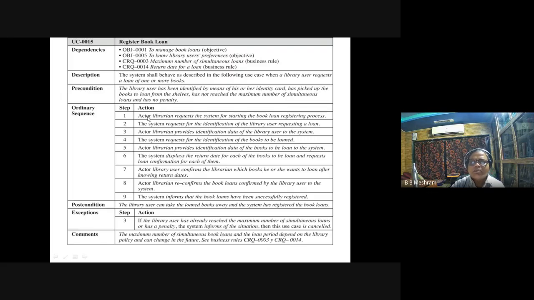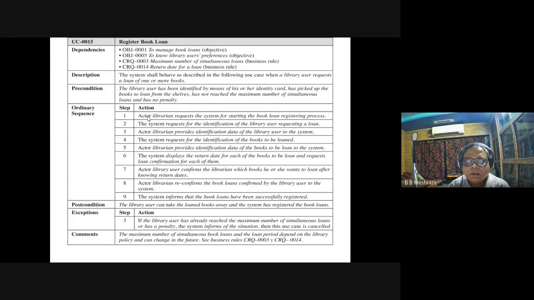The precondition of the system is the library user has been identified by means of his or her identity card, has picked up the books to loan from the shelves, has not reached the maximum number of simultaneous loans, and has no penalty. So the ordinary event flow for this register book loan is as below.